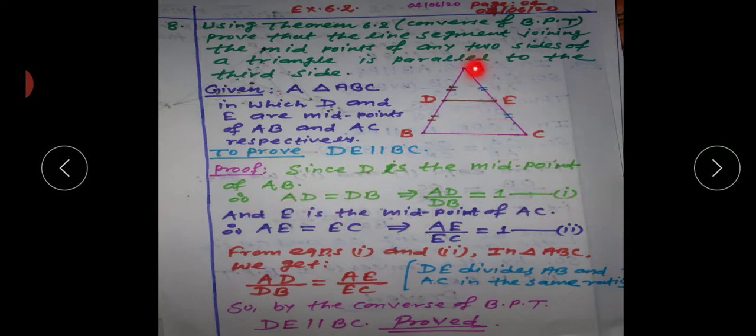Similarly, E is the midpoint of AC, then AE will be equal to EC, and this implies that AE upon EC will be equal to 1. This will be equation second.